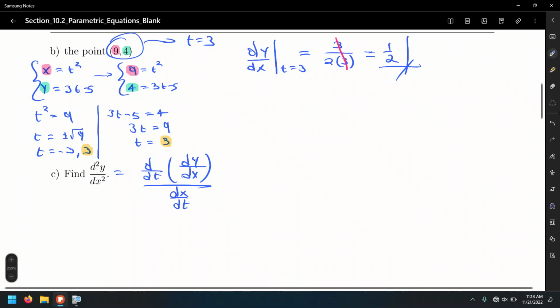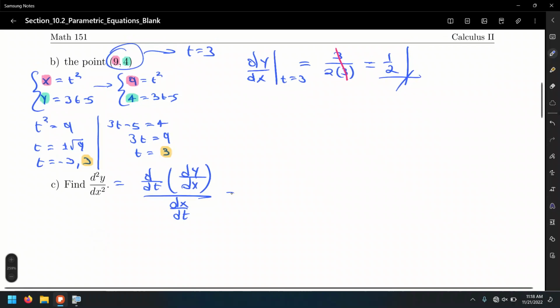We already have the derivative dy/dx, so we can replace this with d/dt of dy/dx, which we got from the first part. That's 3 over 2t. And then divide by dx/dt, which we also got from part A. And what we got for that part is 2t, right? Okay, so be careful when taking the derivative, because notice the variable t in the denominator of the numerator.